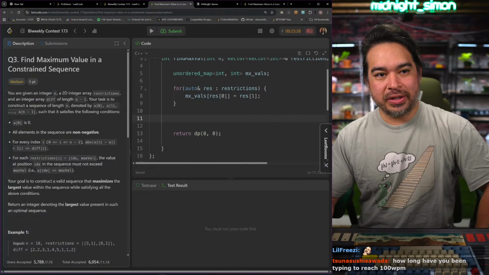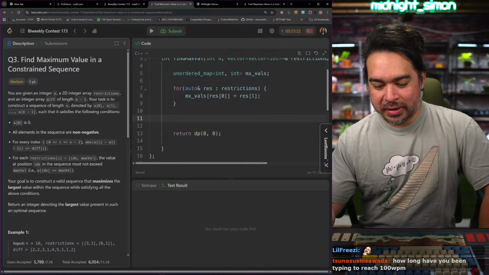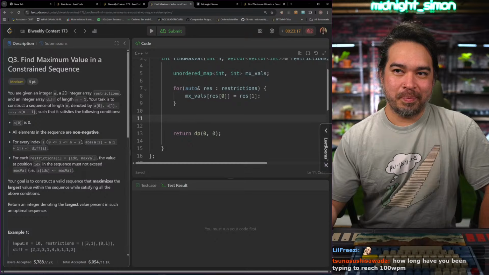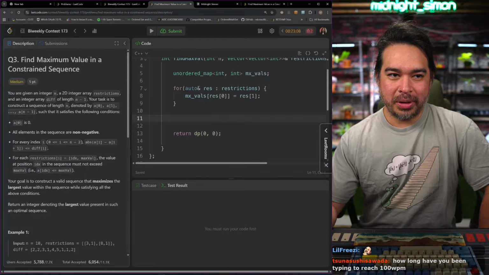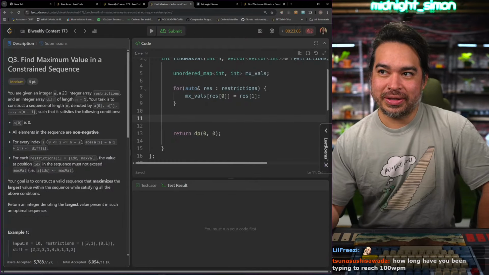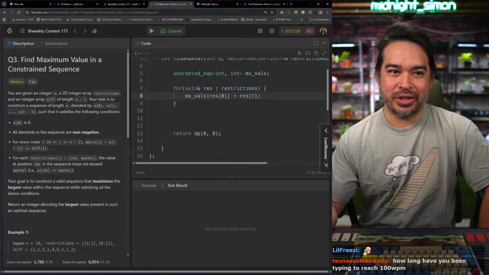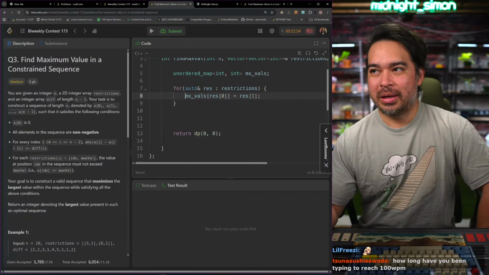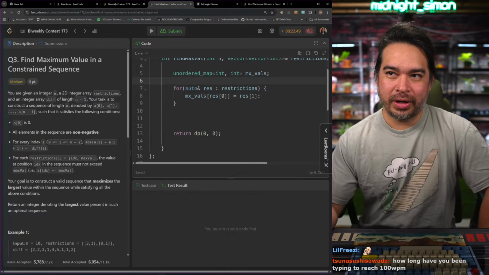How long have you been typing to reach 100 WPMs? I don't think I'm at 100 consistently. I can only type 100 WPMs if the words are really easy and like common words. But when I first started to stream, I was around 75 to 80 WPMs. And I've been doing a lot of type racers since then. And now, 4 years later, I can hit 100 like maybe 1 out of every 3 or 4. Before, hitting 100 WPMs was like not possible for me 4 years ago.